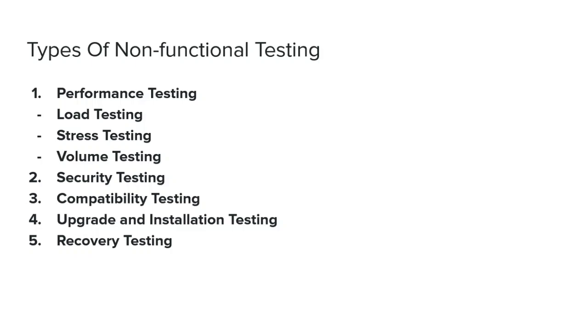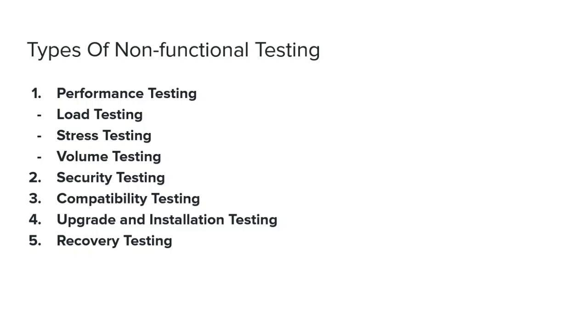Also we can focus on security testing as well. To secure our application against different types of attacks, we have to make sure that our application is secure, so that no hacker will hack our application. Compatibility testing: we should verify that our application is compatible with various environments, etc. Upgrade and installation testing, or the recovery testing.